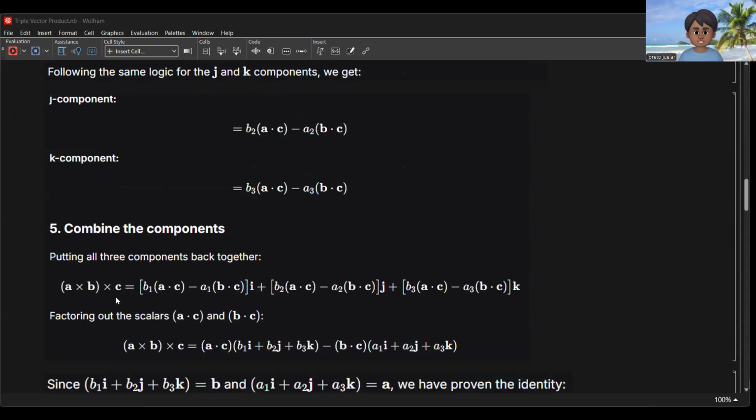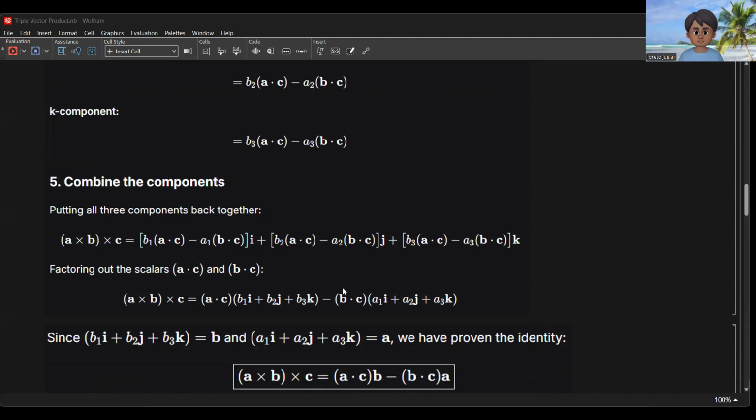Now combine the components. So we have this for the i component. For the j component, we have B2 times A dot C, minus A2 times B dot C, and likewise for B3.